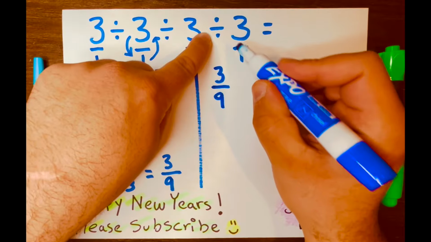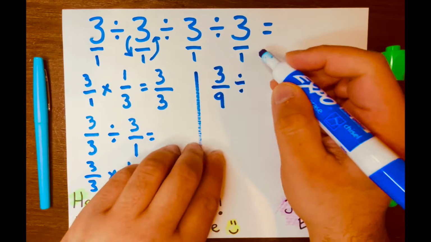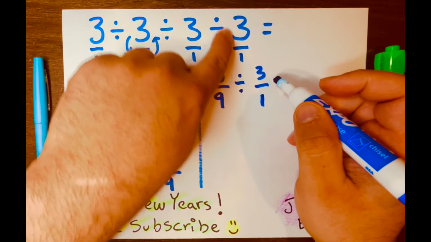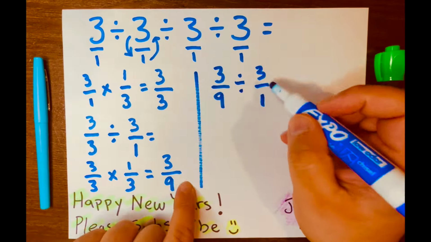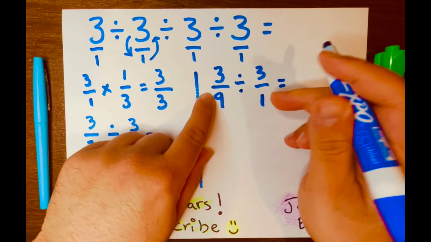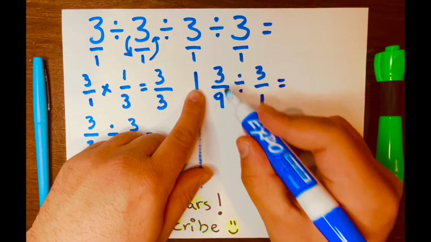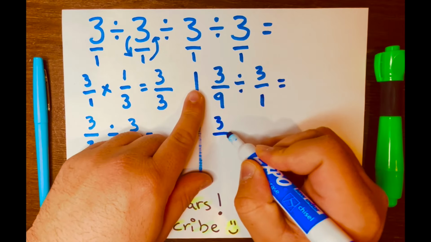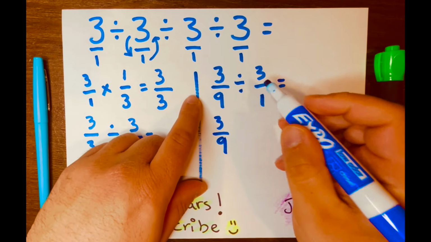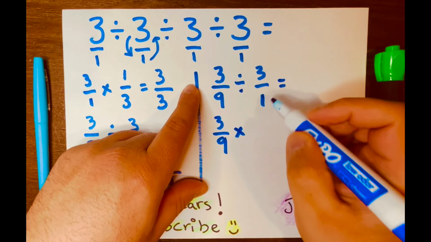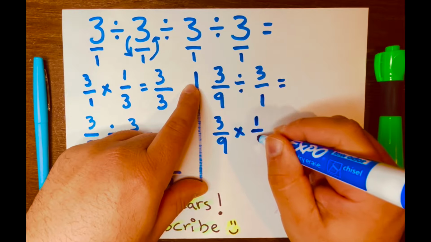And then we bring down this division symbol, and then write 3 over 1. That is the last fraction in our problem. And again, you use the keep, change, flip method. So we keep the 3 over 9, then change division to multiplication, and then lastly we flip the 3 over 1, becoming 1 over 3.